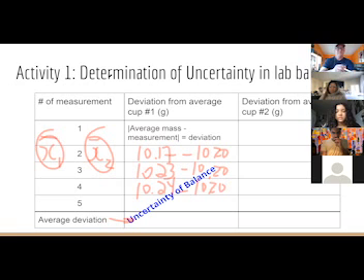Okay. Can I ask a question? Yes, of course you can ask a question. So for the average, do we account for significant figures? Because mine is like 0.002 in the deviation. So would that just be 0? No. So don't round yet.